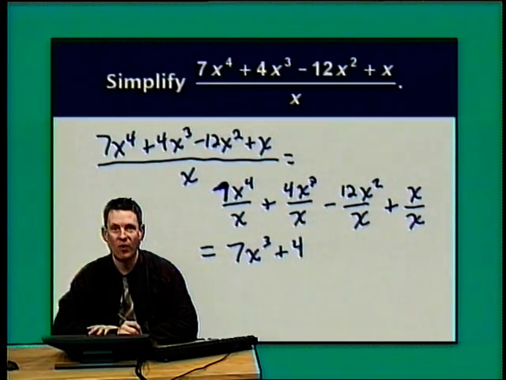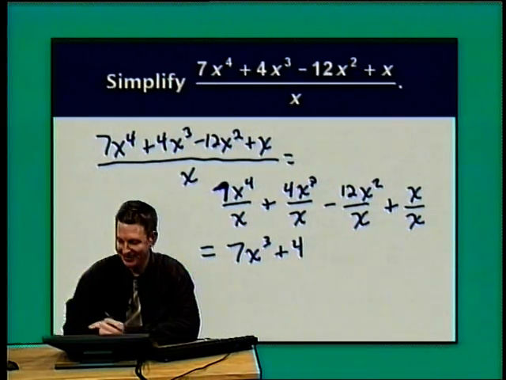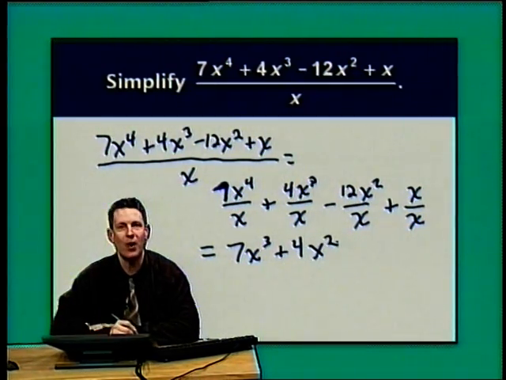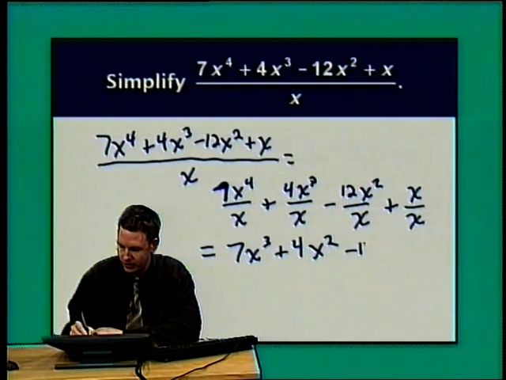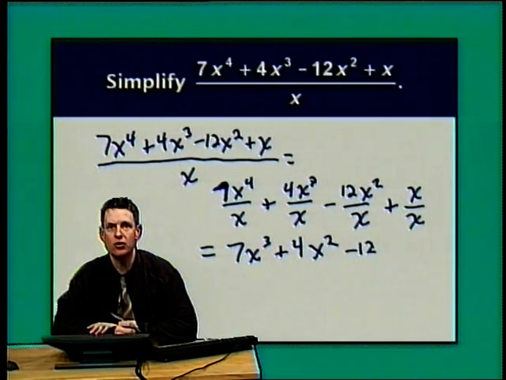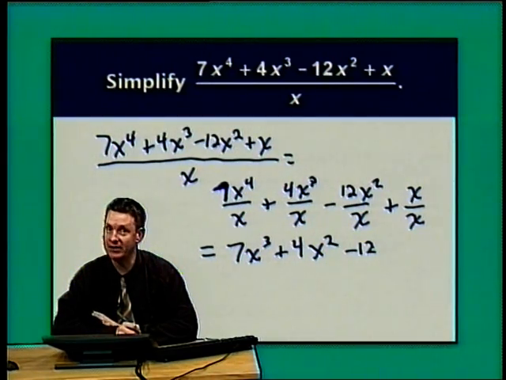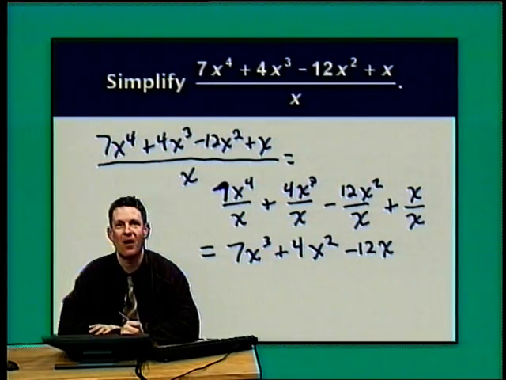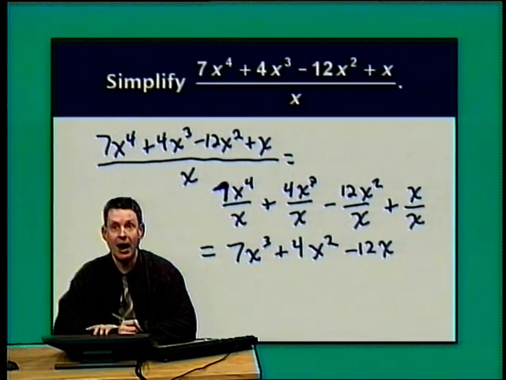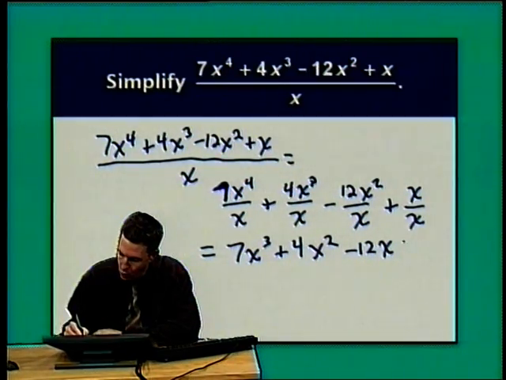When I factor out x over x, I leave x times x in the numerator. I have x squared. Then I have minus 12. x to the 2 divided by x to the 1 is x to the 2 minus 1, which is x to the first power, which we normally just call x. And x divided by x is 1.